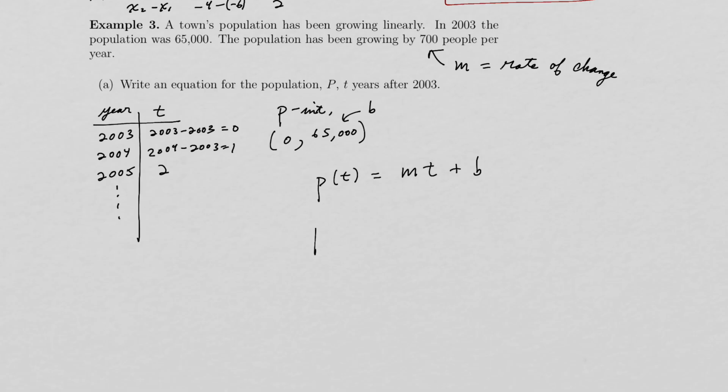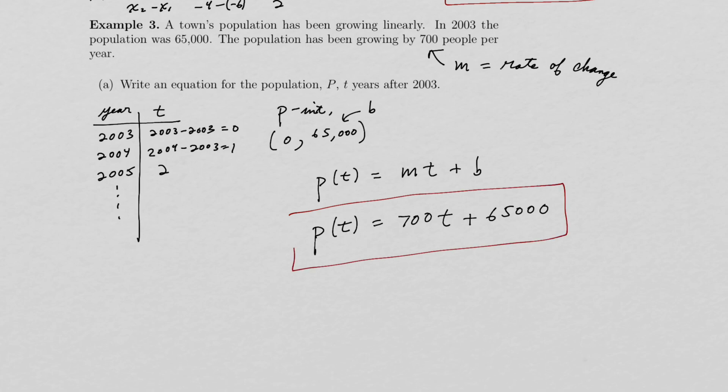So this function is going to be P of t equals 700 times t plus 65,000. So that is our function that gives the population as a function of time, right? And it's a linear function.